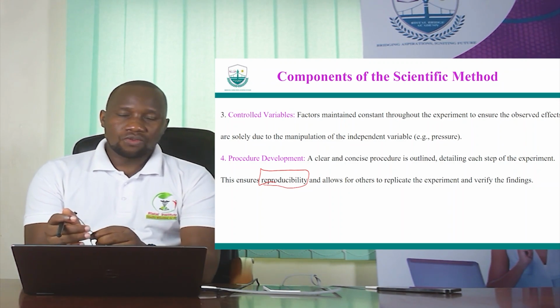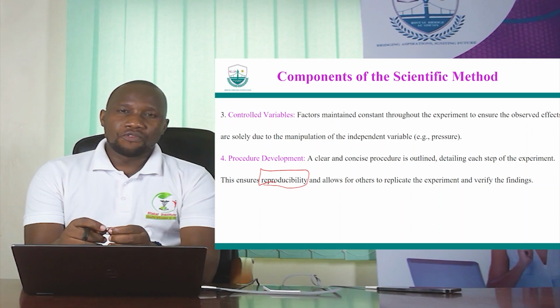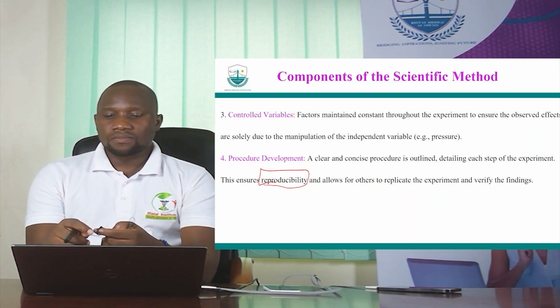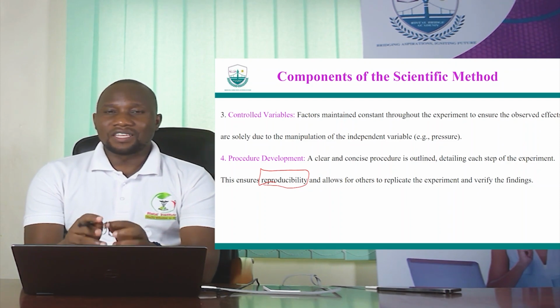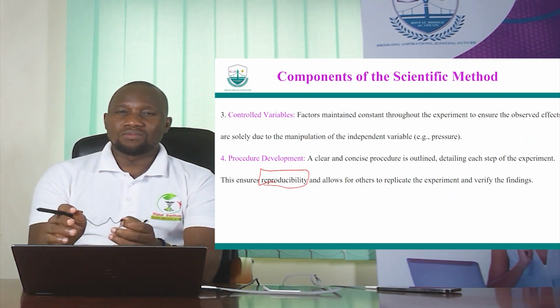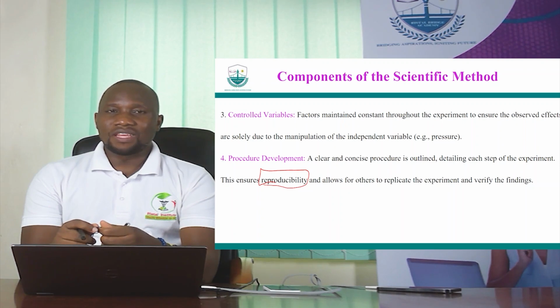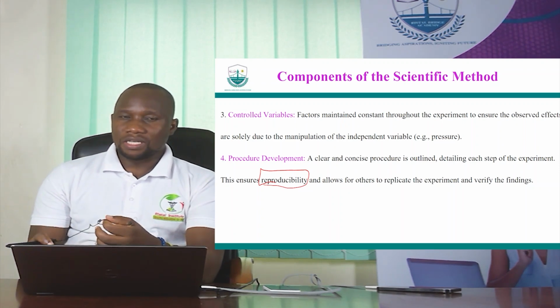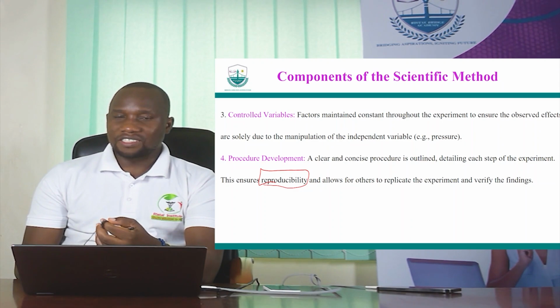So your results should be reproducible, and this is what we want in science. I do something, and someone else should be able to do it and prove that those are the right things that I did.